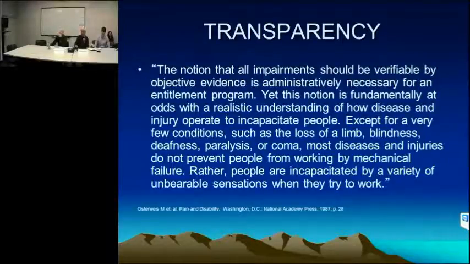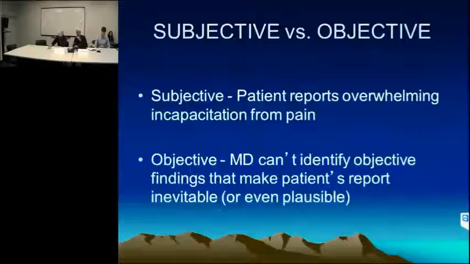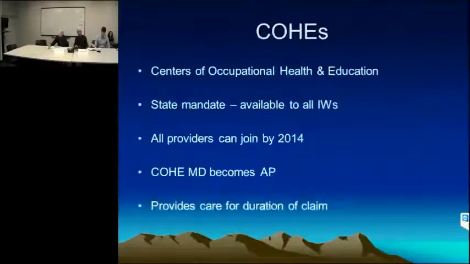And you as a clinician are going to be stuck right in the middle of that dilemma because the patient will say, I hurt too much, and the workers' comp system will say, what is the objective evidence? And so, again, this is just restating what I said. The patient reports overwhelming incapacitation from pain, and you cannot find objective evidence that makes that report inevitable.